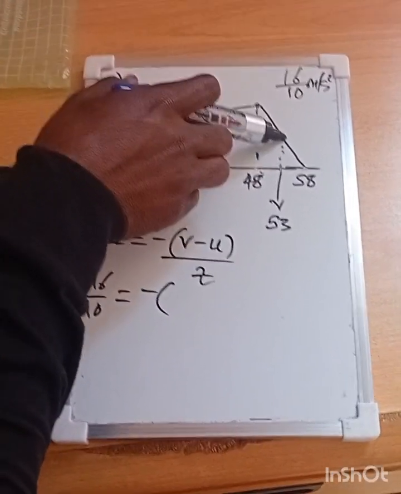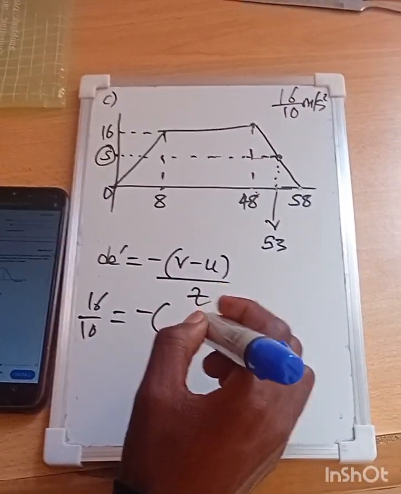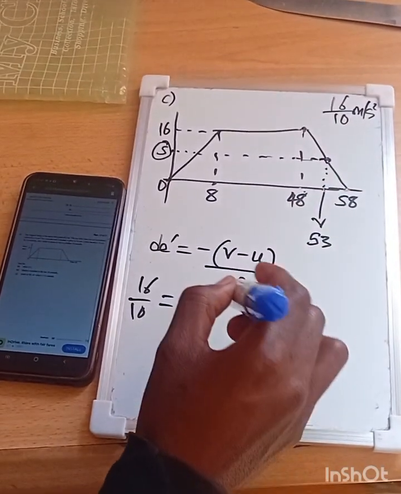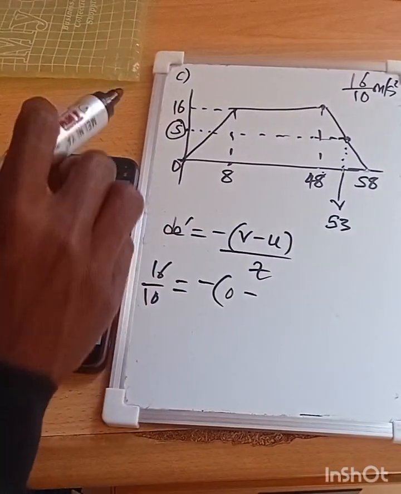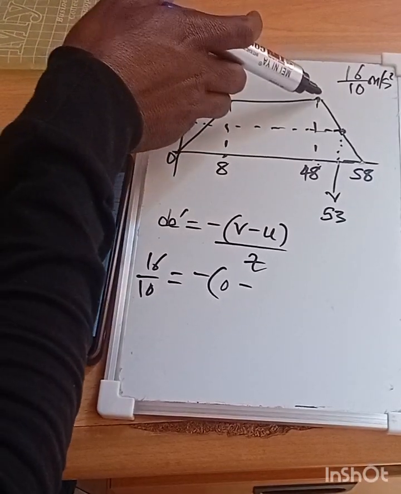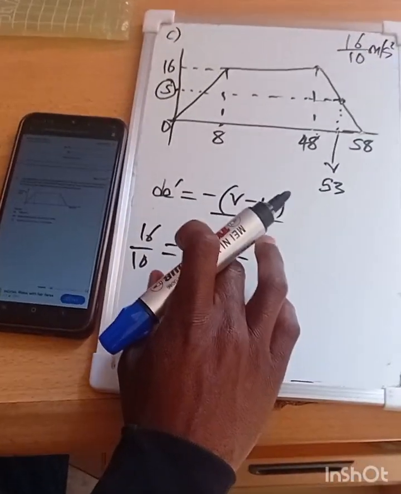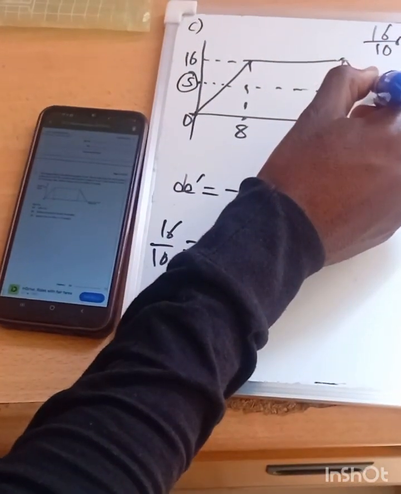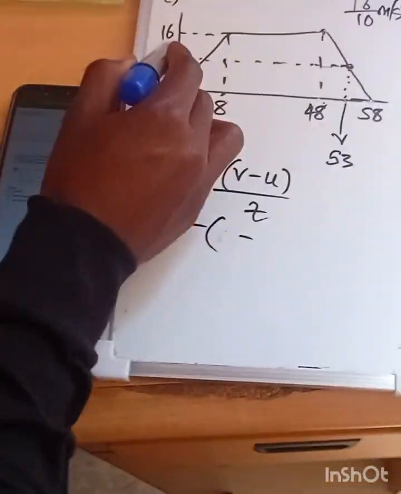The final velocity v is not actually 0; it's what we're looking for at this point when t was 53, the speed here.